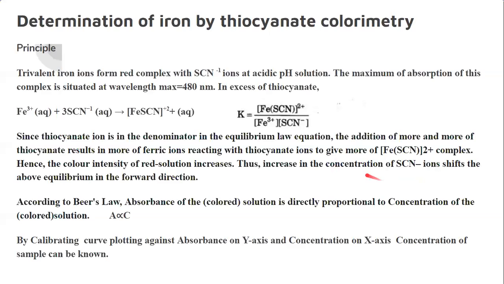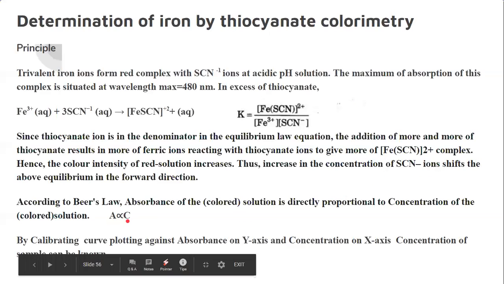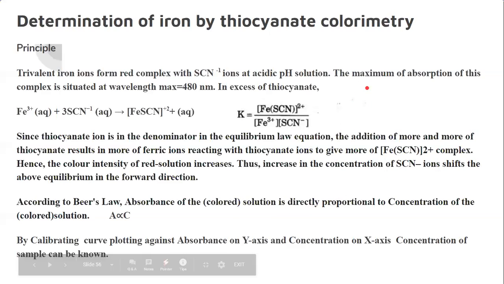To draw a curve, we require two variable parameters: absorption and concentration. In this graph, we take absorption on the y-axis and concentration on the x-axis, and if you plot the graph, we get a straight line passing through the origin.